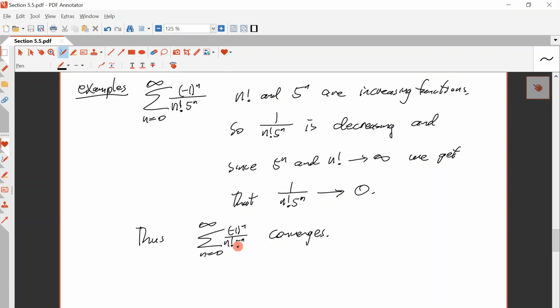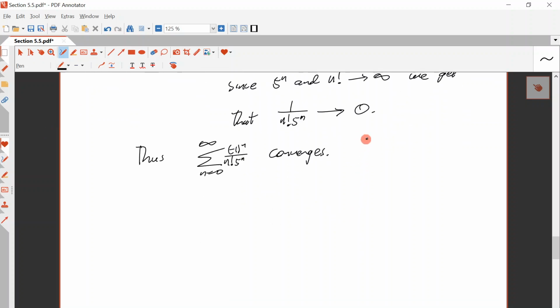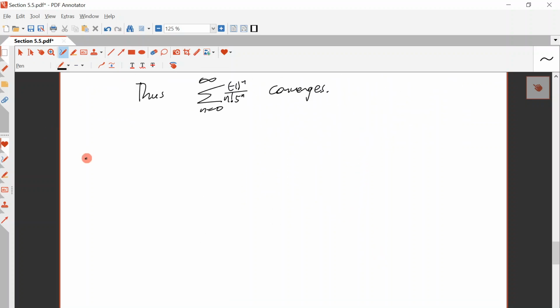Now, this one actually we could figure out exactly. It's actually e to the minus 1/5, and we'll see why that's so in chapter 6. But let's talk about how you estimate an alternating series.